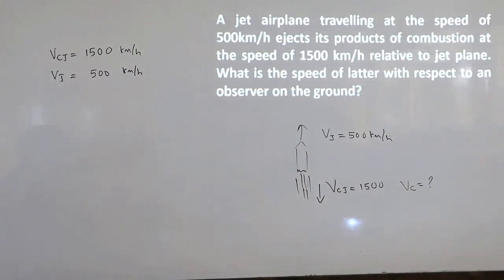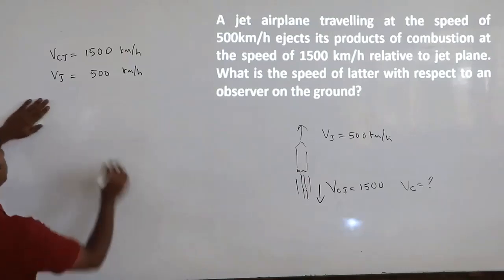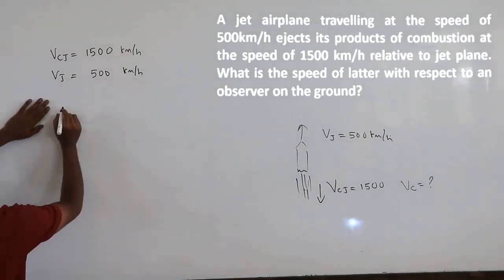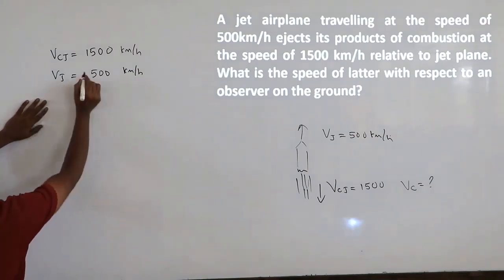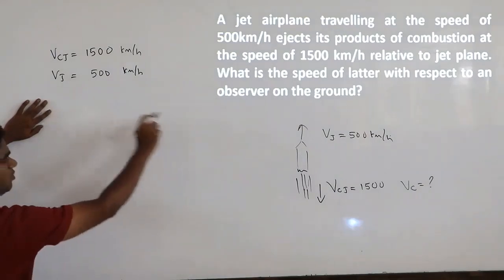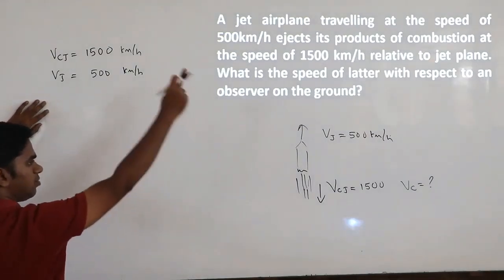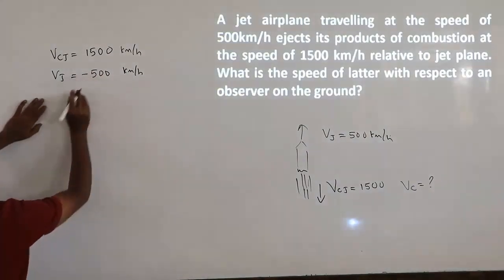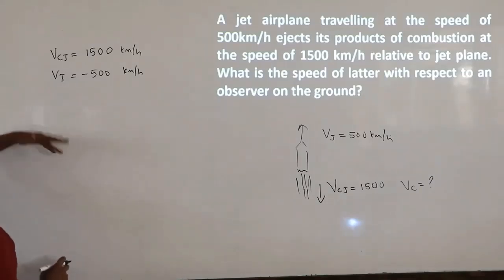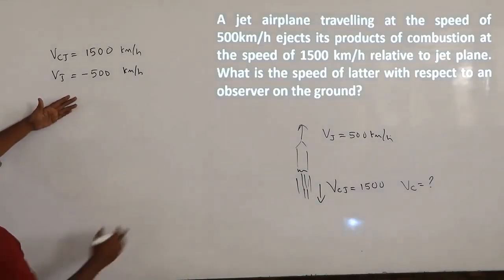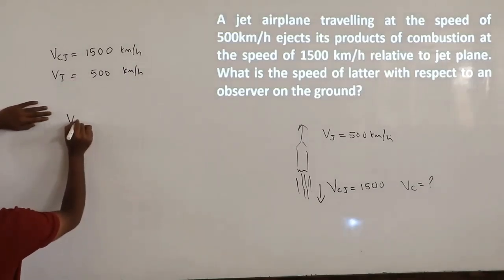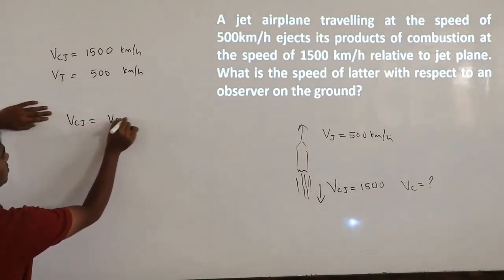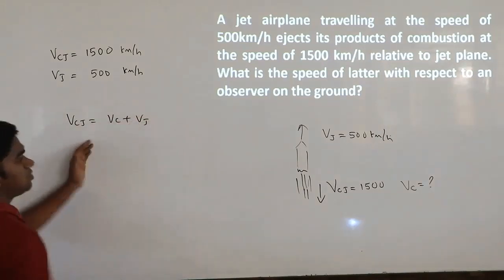Okay. So both are opposite, so we can take this one as negative. If you take downward as positive, we have to take upward as negative. Or simply, if both are opposite, we can directly write Vcj equals velocity of C plus velocity of J. This we have discussed also.